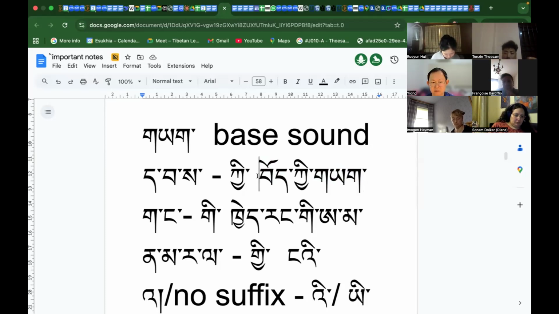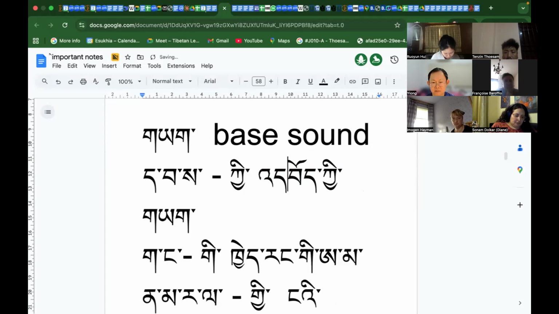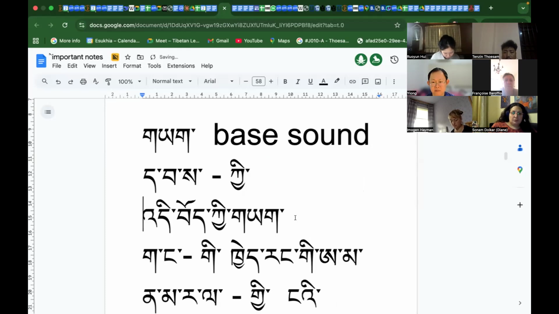Now let's make a sentence. Di Pöki yak re. This is Tibetan yak, yak of Tibet, or this is Tibet's yak. That's it. Di Pöki yak re.